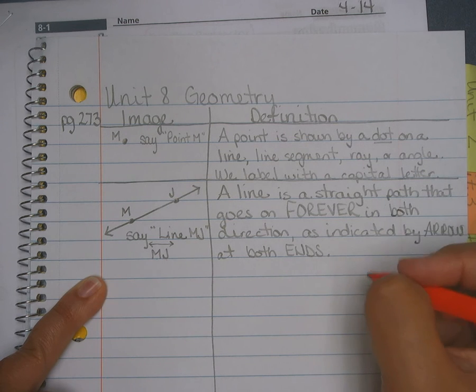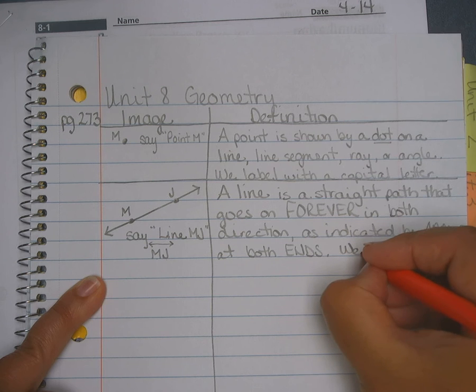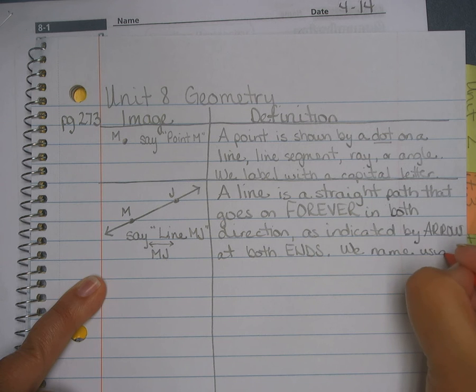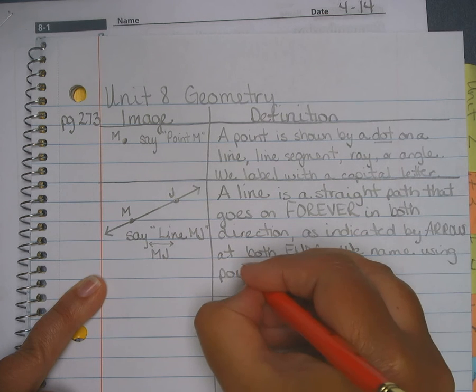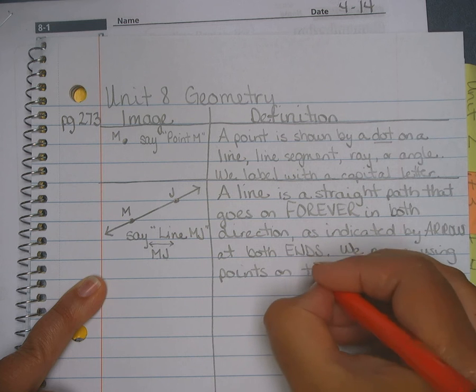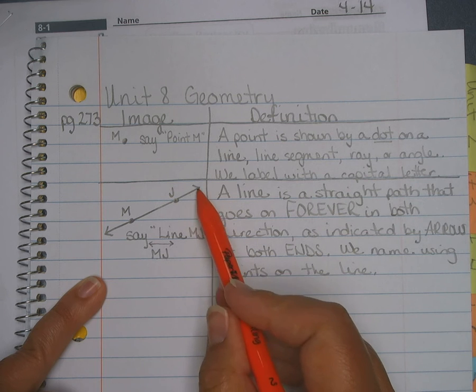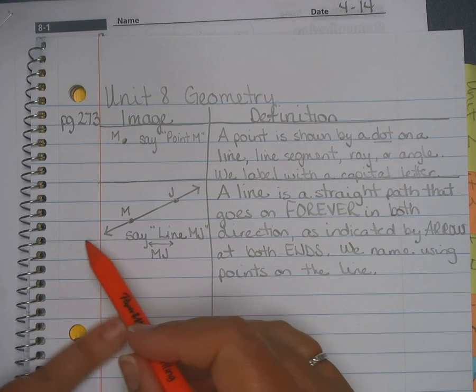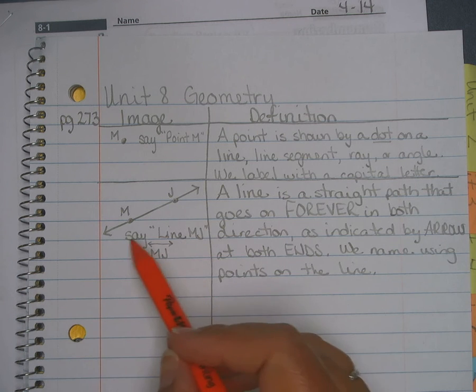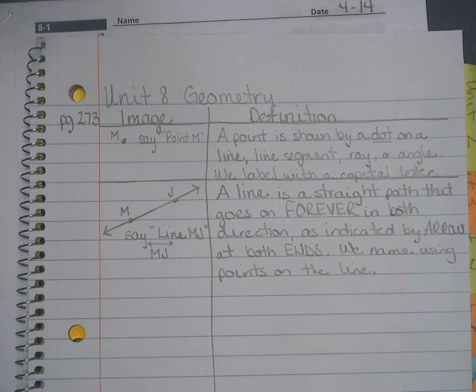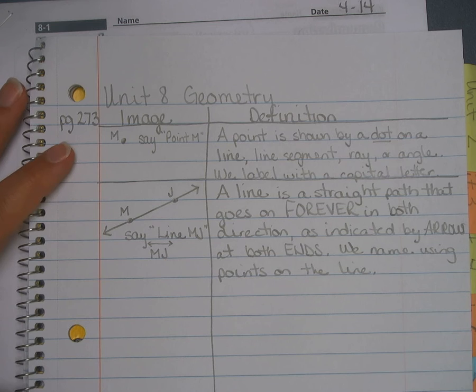To give this line a name, we name using points on the line. In this case, line, arrows on both ends, indicating that it could go on in this direction forever, or it could go on up and across my page in that direction forever. A line is intended to be drawn and displayed so that it could potentially continue on in either or both directions forever.